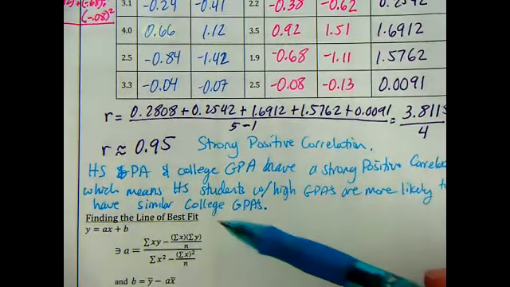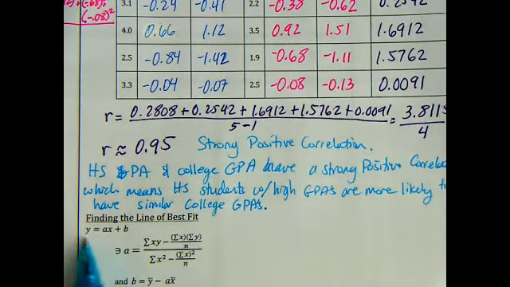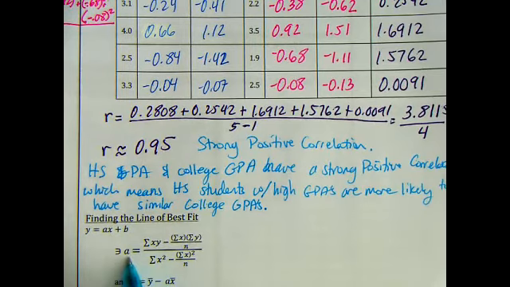I'm sorry. When we're trying to find the line of best fit, the equation itself is y equals ax plus b, right? So that's pretty much mx plus b, right? But to find a, we use summations of my x's and my y's. So pay attention to the different summations.